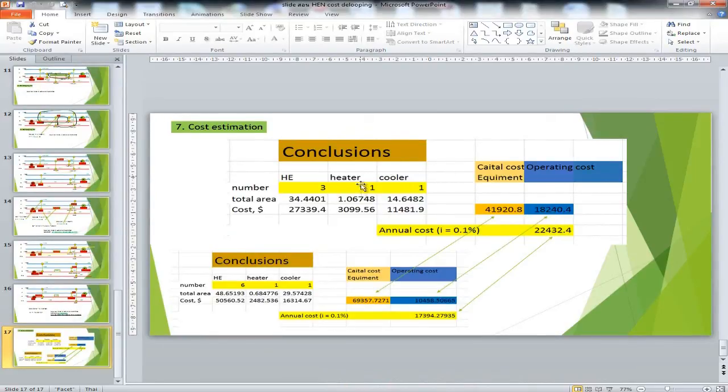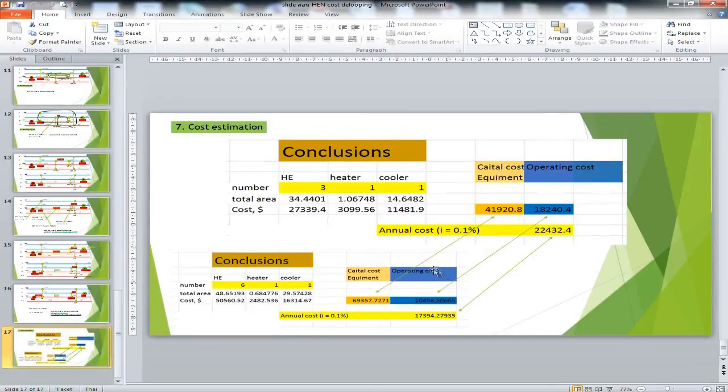So let's compare between 3 plus 2 and 6 plus 2 here. Of course, 6 plus 2 has so many heat exchangers, so the capital cost of heat exchangers is very much higher compared to the 3 plus 2 system.